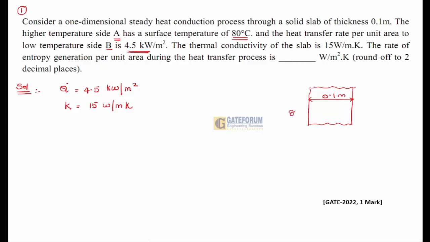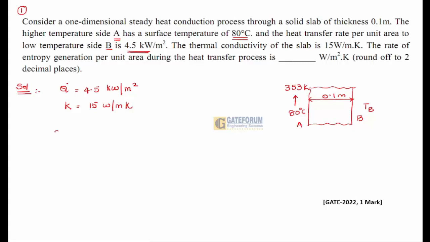Here 80 degrees centigrade at surface A and here at surface B. When I write in terms of Kelvin, it will be 353 Kelvin because 273 plus 80, and this is the slab, right? Now we will be trying to find the temperature at surface B.